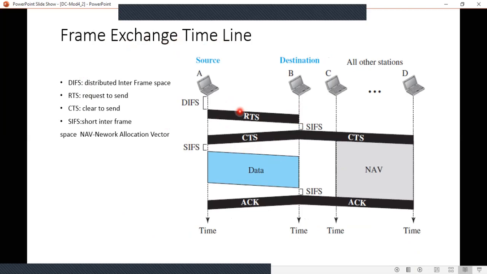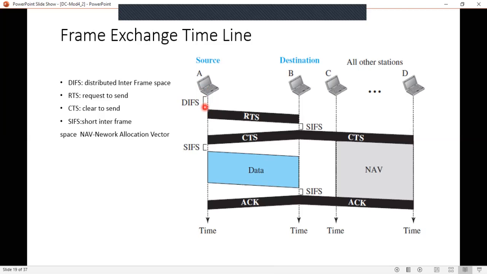Before sending a frame, the source station senses the medium by checking the energy level at the carrier frequency. Energy level means we already discussed the 3 energy levels, isn't it? That is, 0, normal, abnormal. 0 means idle. Normal means a transmission is taking place, and abnormal means there is a collision.